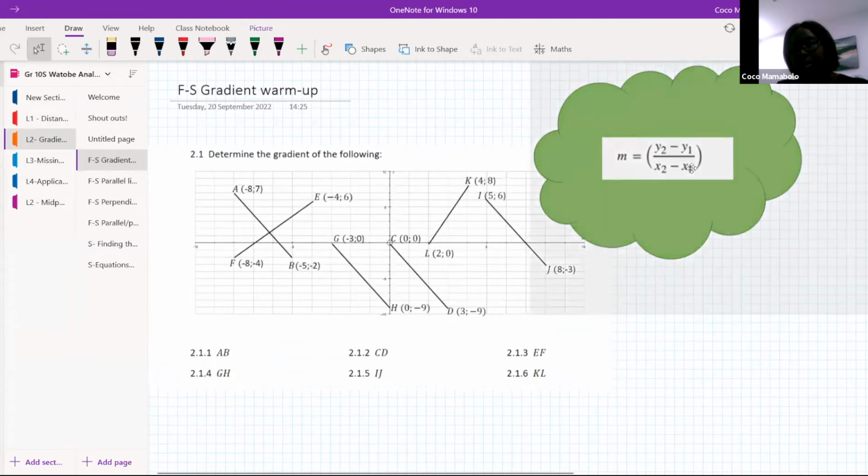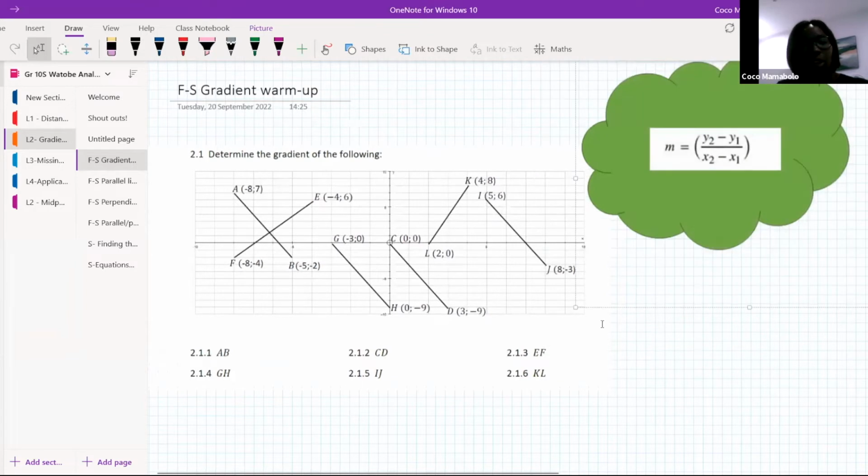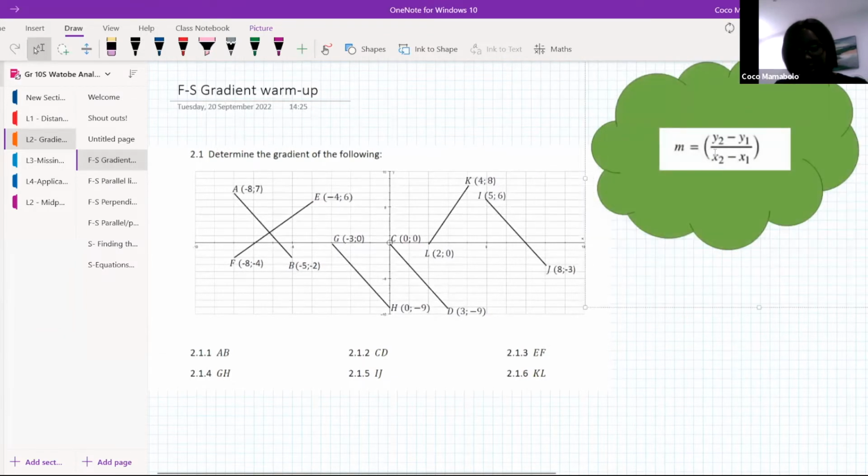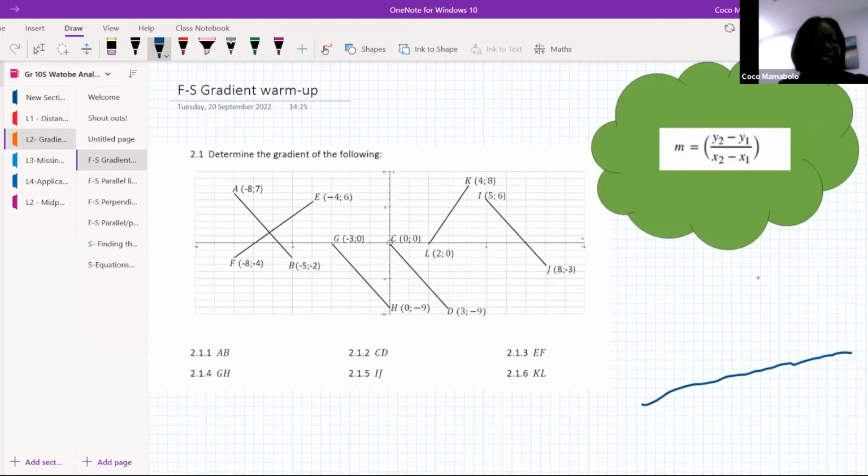So think about when you're driving a car, or let's say you're riding a bike up a hill. If my hill looks like this, I'm fit enough to do it. I can just ride the bike over the hill. It's a tiny little hill, so my gradient will be small. It'll be something like 1, or 1/2, something small.